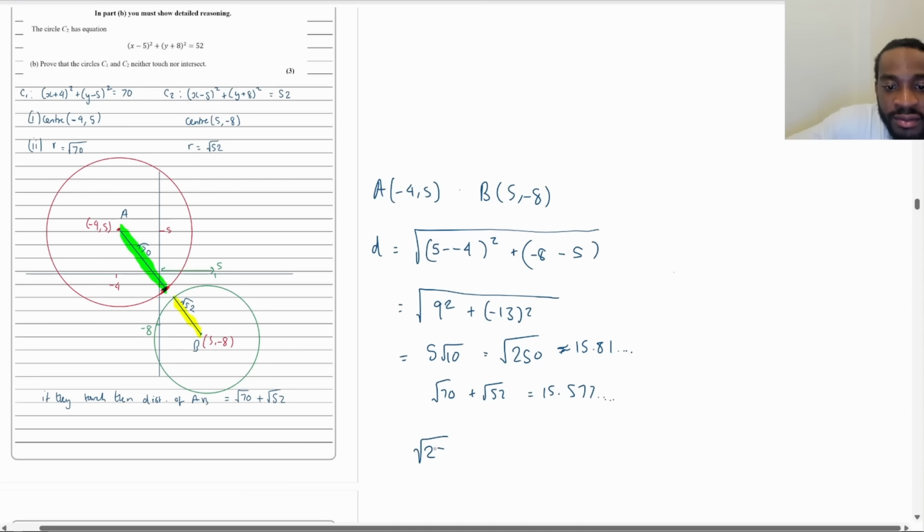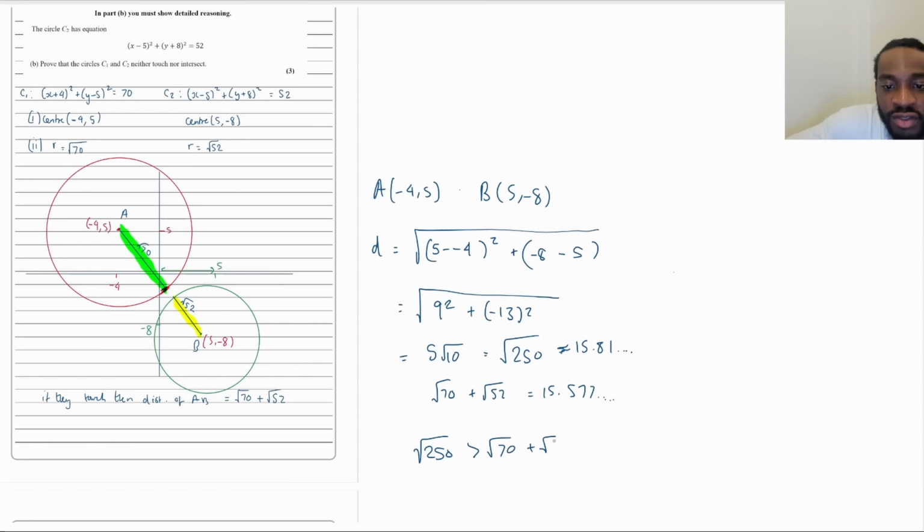we can say that root 250 is greater than root 70 plus root 52. Therefore, the circles do not touch. What else could you say? Circles do not touch.